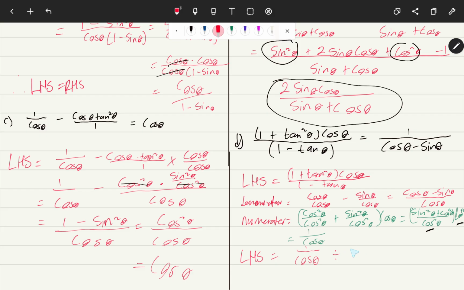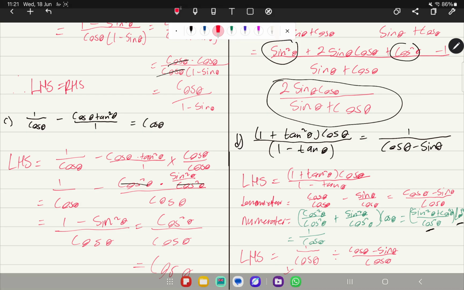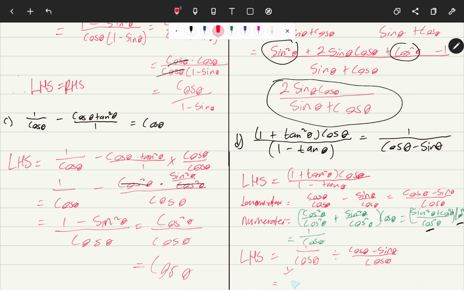My denominators, it's cos theta minus sin theta divided by cos theta.